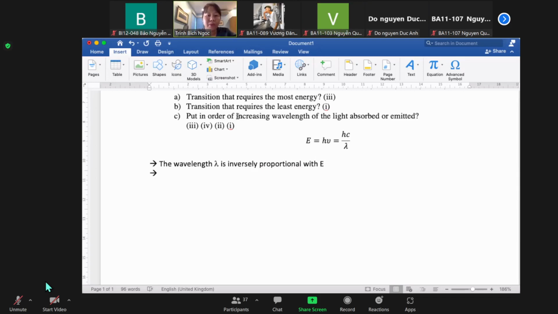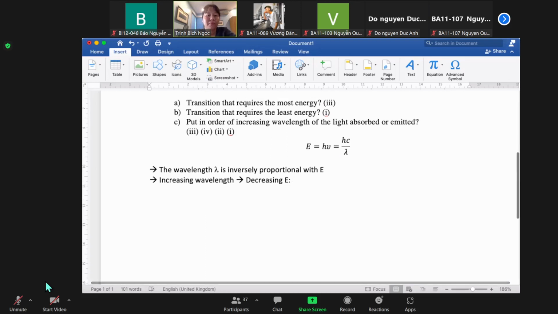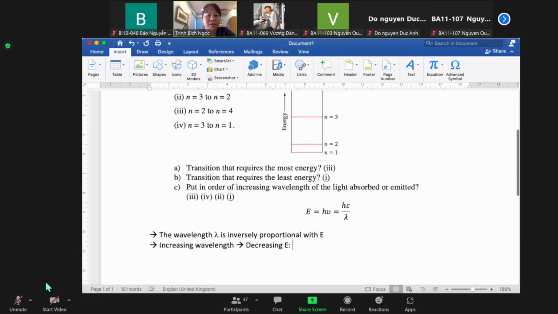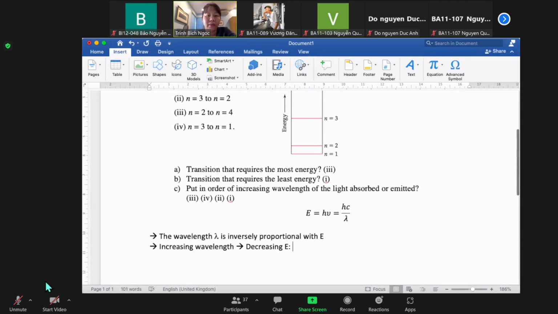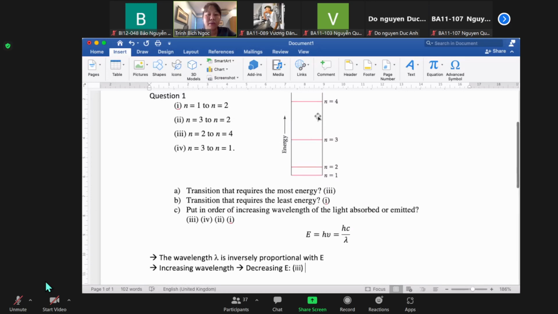So you need to put in order the increasing wavelength. So you need to put in order the decreasing energy, okay? So the decreasing energy will be 3, okay? 2 to 4.